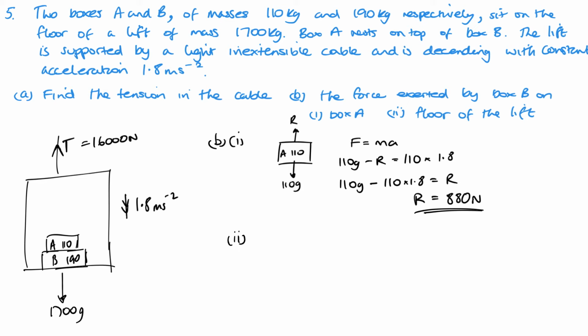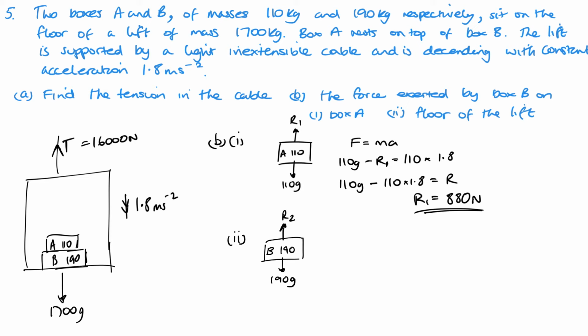Now, part 2 is a little bit harder, but only very slightly. I think there's more than one way of doing this, but we could consider box B. And again, we've got this 190g acting down, and let me call that first one R1, so I can call this one R2. We can look at this in very much the same way.